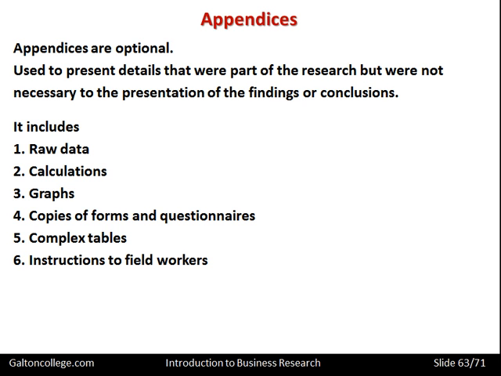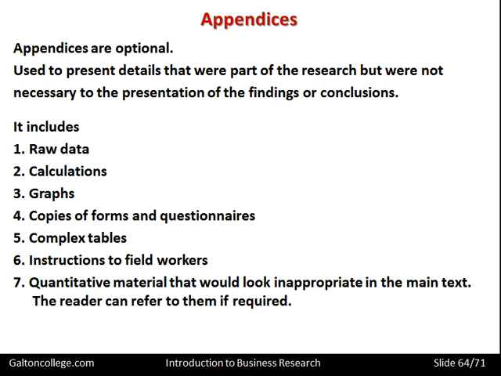Likewise, any instructions to researchers in the field. How were the interviews conducted? What briefing was given to the people conducting the survey, if it was a survey. Quantitative material that would look inappropriate in the main text.